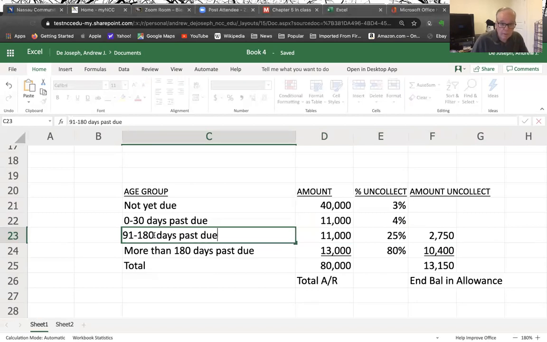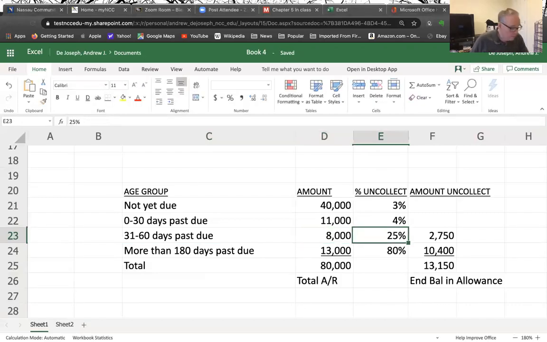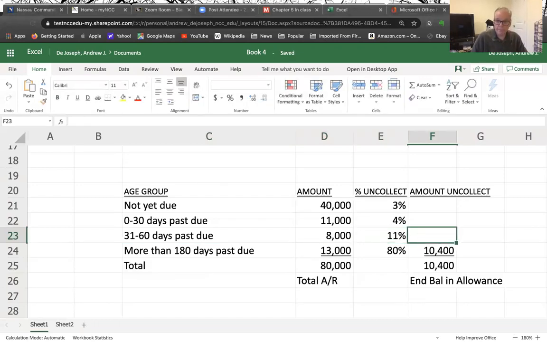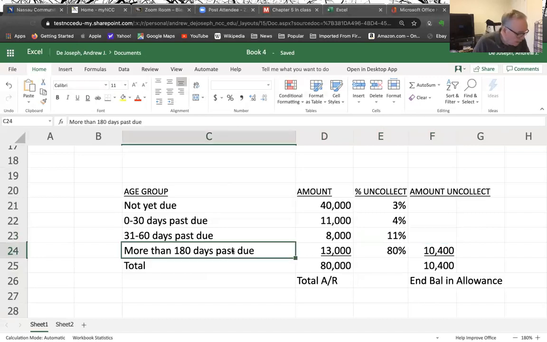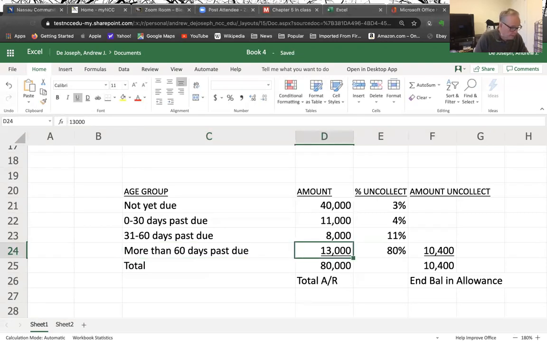31 to 60 days past due is 8,000. And the percentage is 11. And more than 60 days is 1,000.